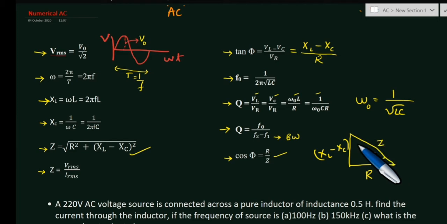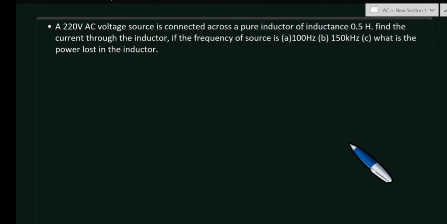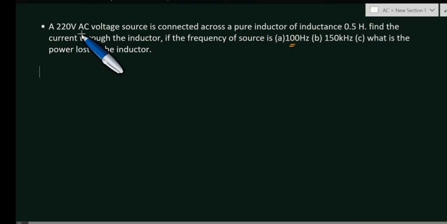And let us solve these problems. The first one: a 220 volt AC voltage source is connected across a pure inductor of inductance 0.5 Henry. So first let us draw a circuit for better understanding.